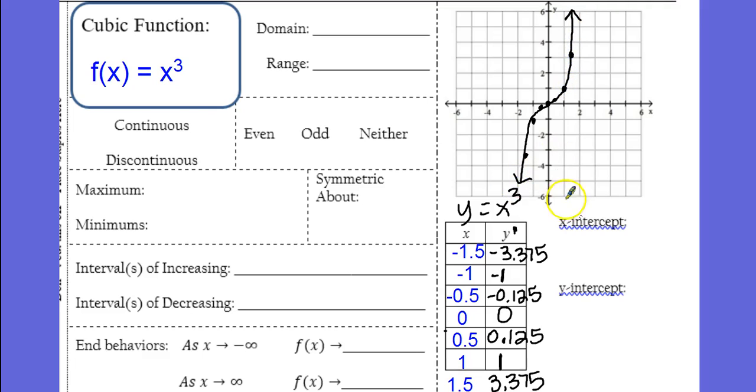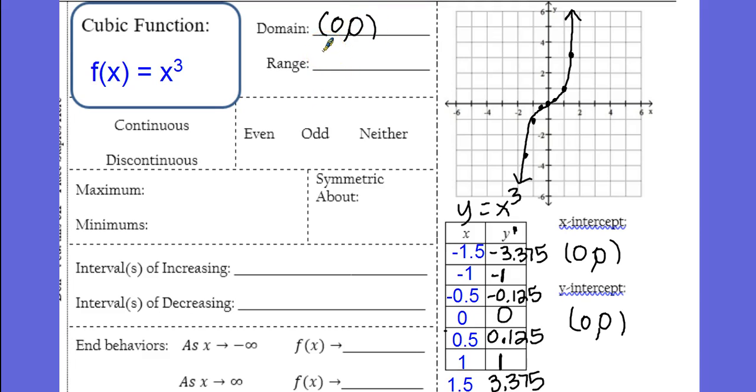Okay? So it's got a 0, 0 intercept, your origin, and let's talk about your domain. What do you think? Anything I'm not allowed to cube? Any restrictions on my domain? Nope. How about on my range? Yeah.